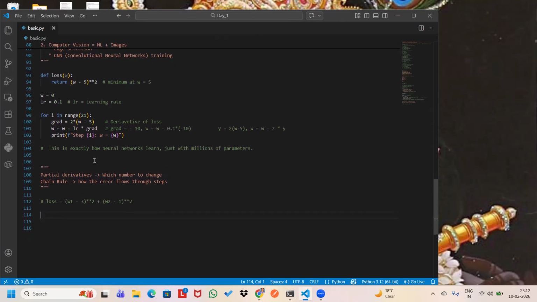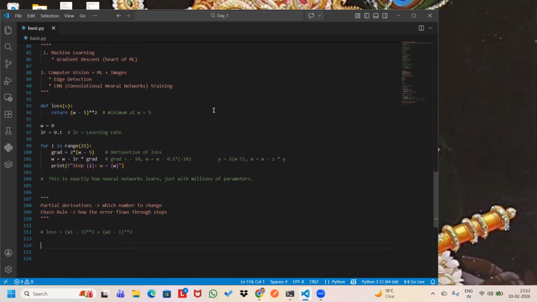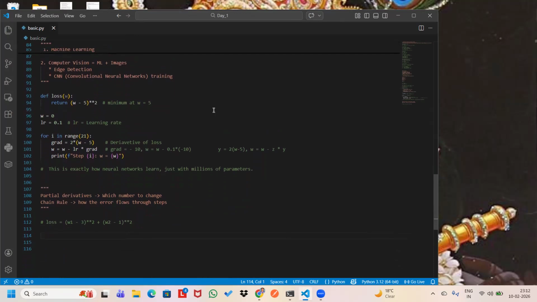We have already talked about machine learning and differentiation, and whatever we discussed was first order partial differentiation. I have told you that if we are doing d by dx, then it will be first order, and if we go for d2y by dx2, then it will be second order differentiation.